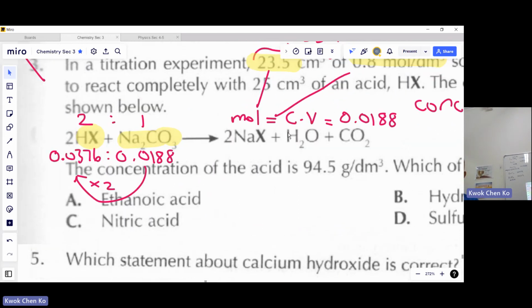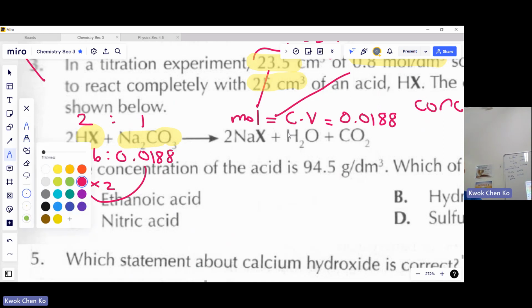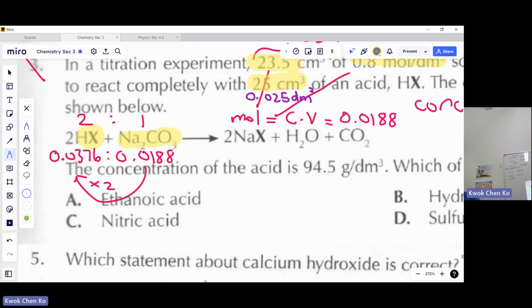But I'm not done yet. What else are you given? Notice you are given the volume of acid, 25. Again, guys, same thing. Once you see cm cube, don't think, just convert to dm cube. So this is 0.025 dm cube. Therefore for HX, you use the same formula.